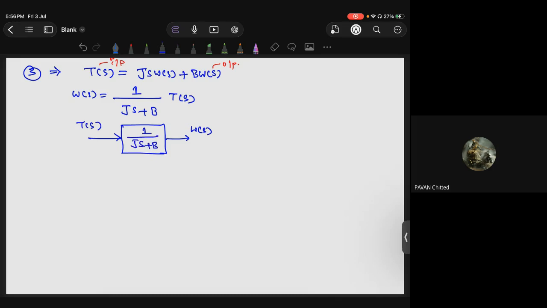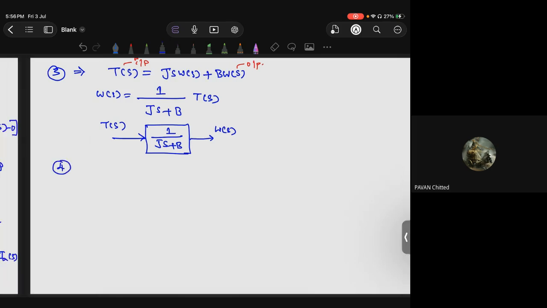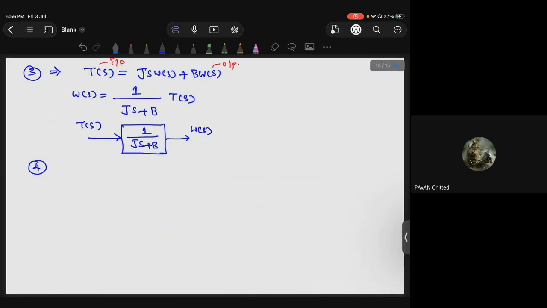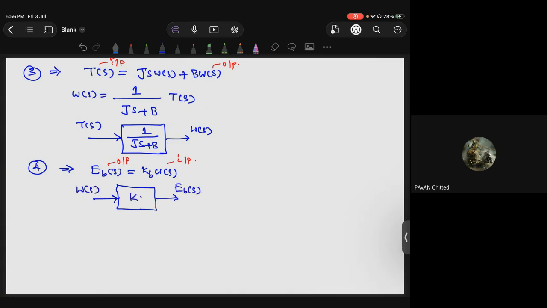Next, the fourth equation is the back EMF, EB equal to KB omega. So EB of S equals KB omega of S. Here EB is the output and omega is the input, so I can write it directly: omega of S to EB of S through KB.